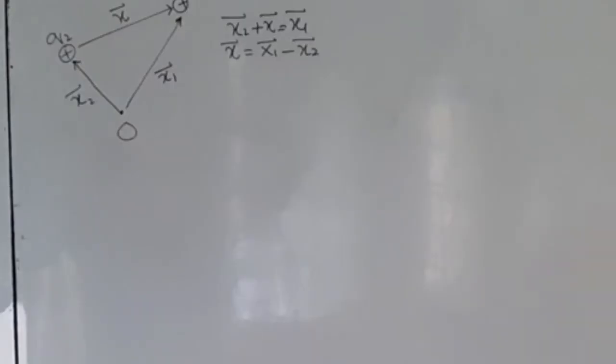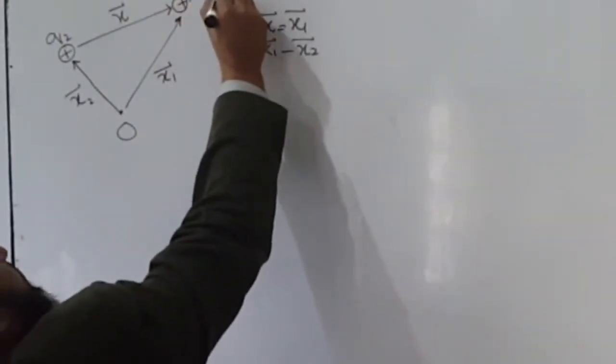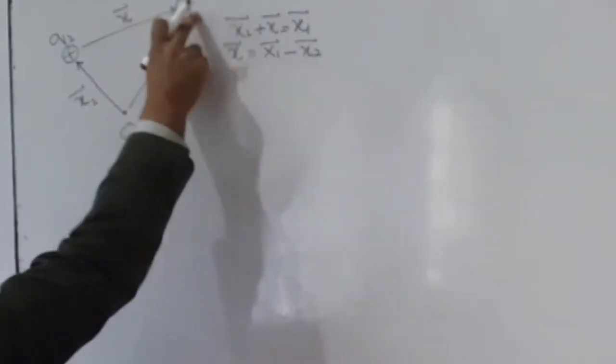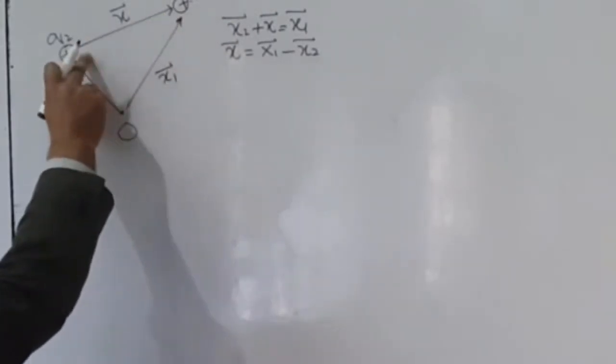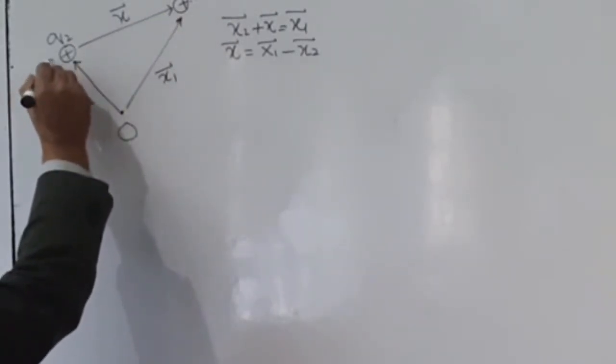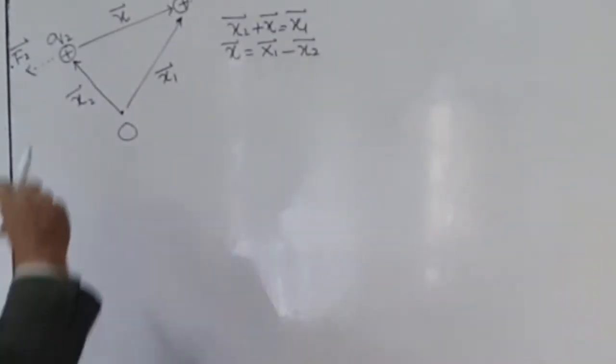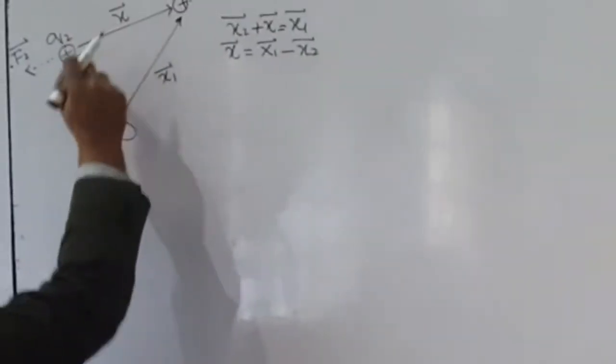So this force F1 is in this direction. It is the force experienced by charge Q1 when it is in the field of Q2. Similarly, the same force is experienced by charge Q2 when it is in the field of charge Q1.